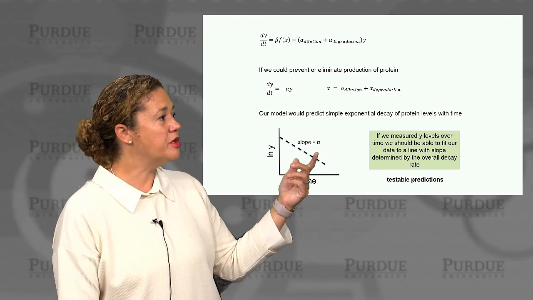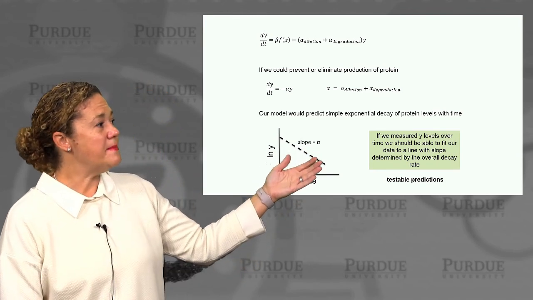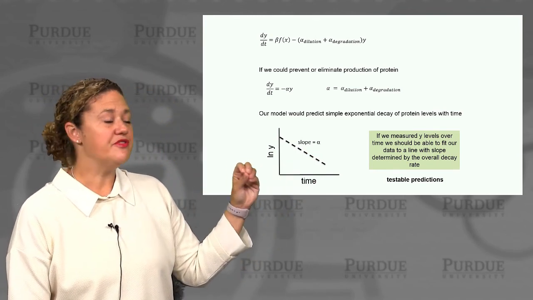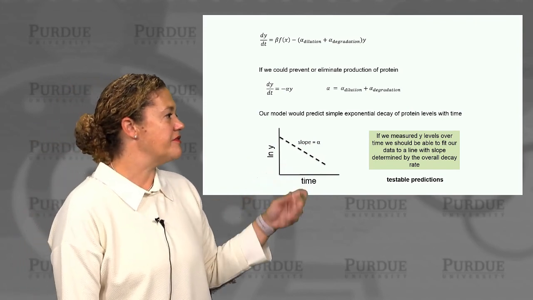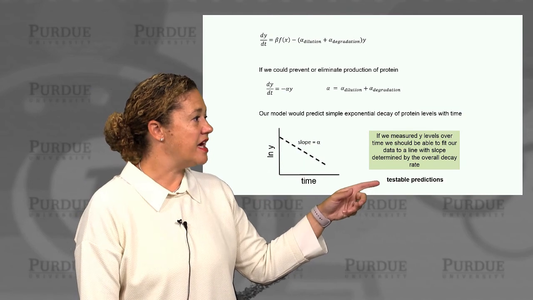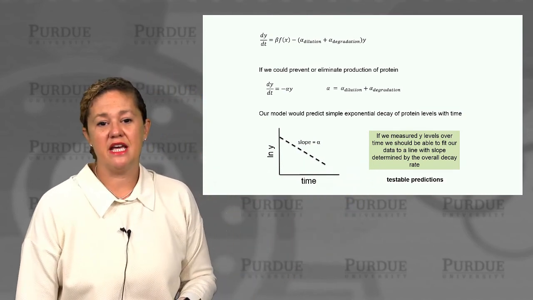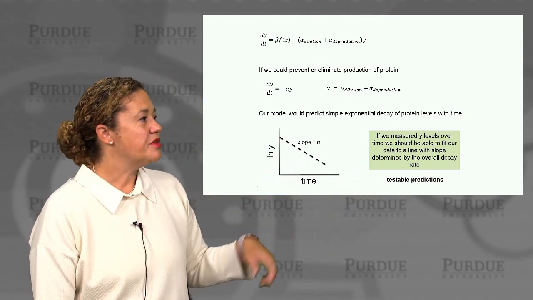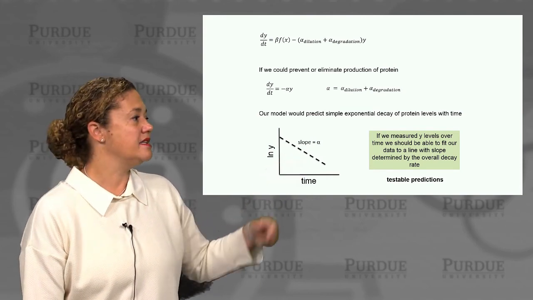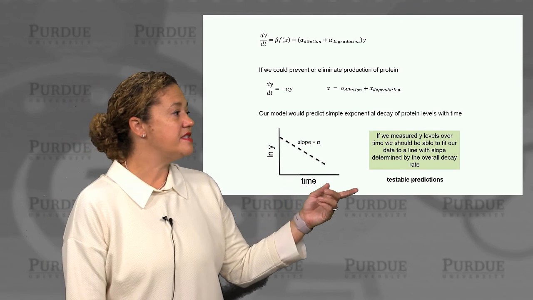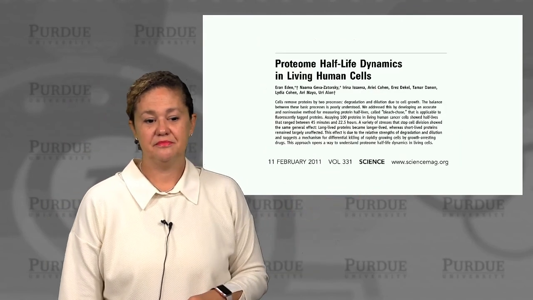And our model would predict that if we measured levels of protein Y over time, and we fit the natural log of that protein level as a function of time, we should be able to fit our data to a line with a slope equal to that overall decay constant alpha. So here we have a testable prediction.